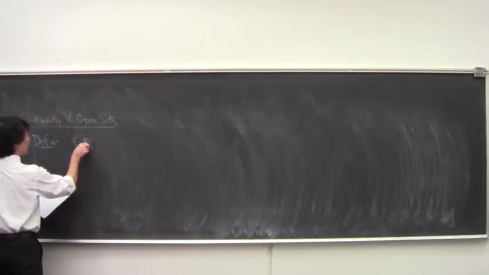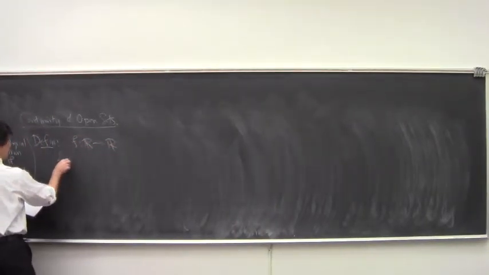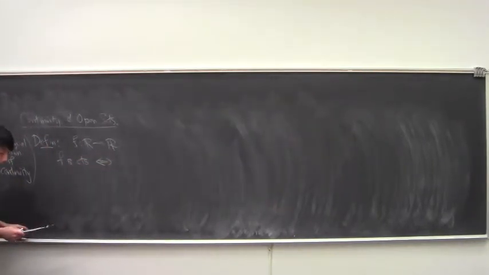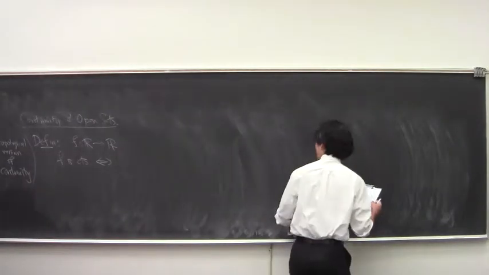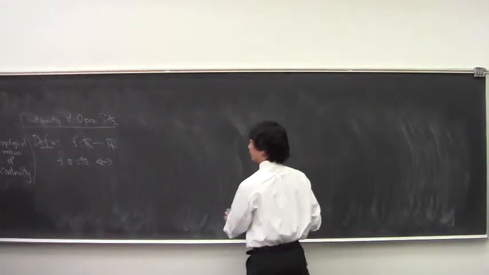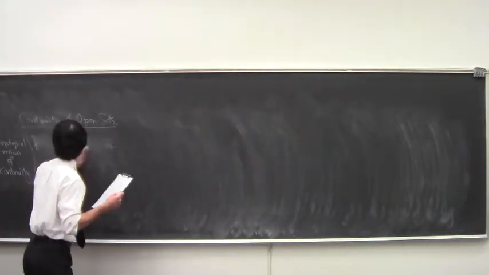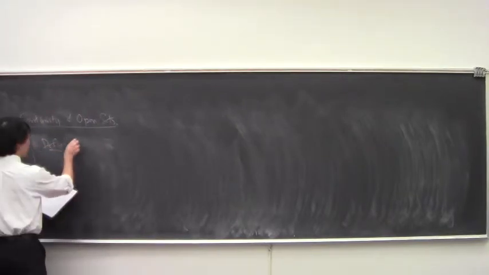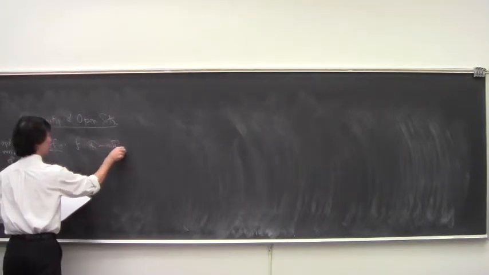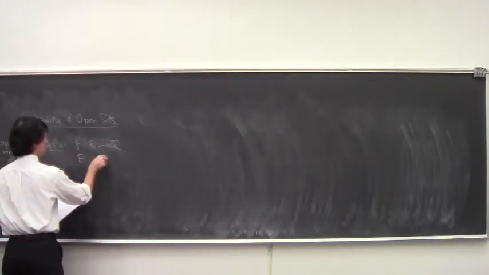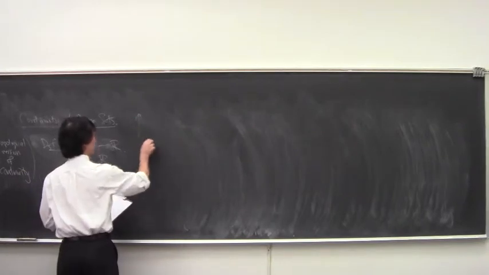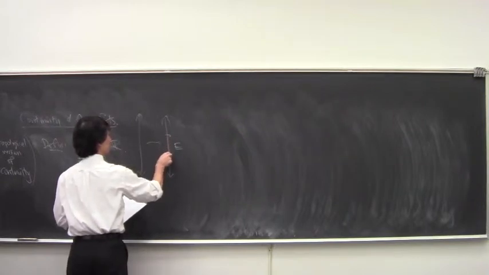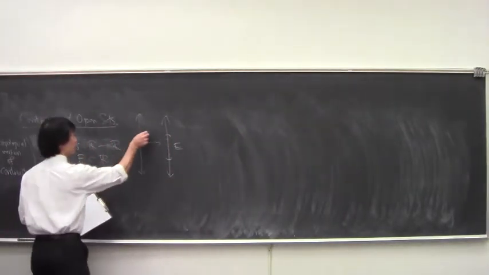So you have some function F. F is continuous if and only if, well, actually before we get there, I need to define something else. Let me first make a definition. You have some function from R to R, and you have some subset E of R. Suppose it's this set here.